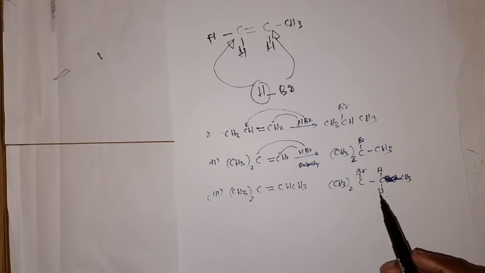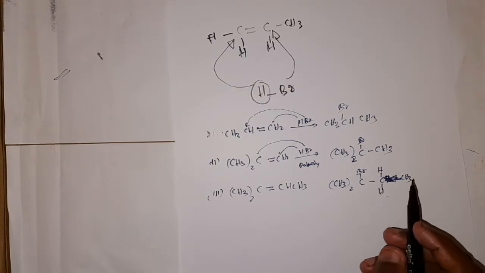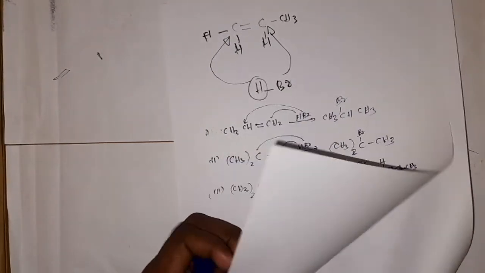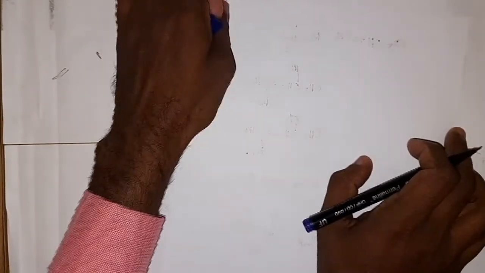Okay, then you have to understand the mechanism related to this. First we'll study the mechanism related to the addition of HBr to ethene.